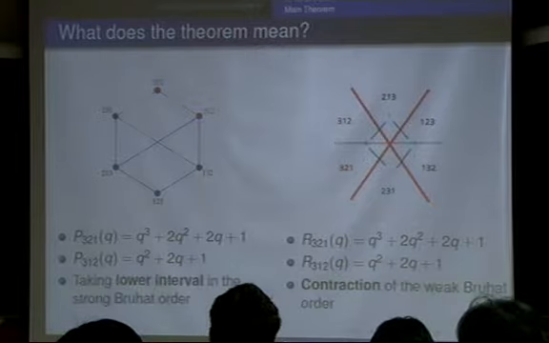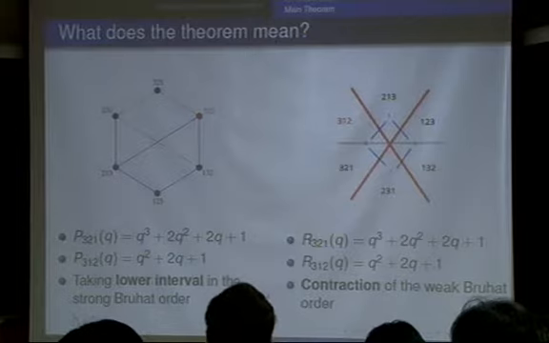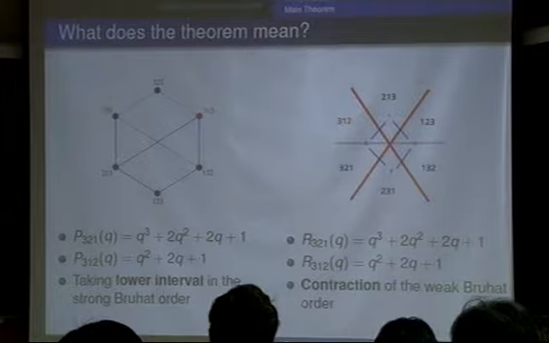So this is taking a contraction. We contracted these two vertices into one. So our theorem says there's a mysterious relation between taking this truncation of a strong Bruhat order and taking a contraction of a weak Bruhat order. That was rather unexpected.